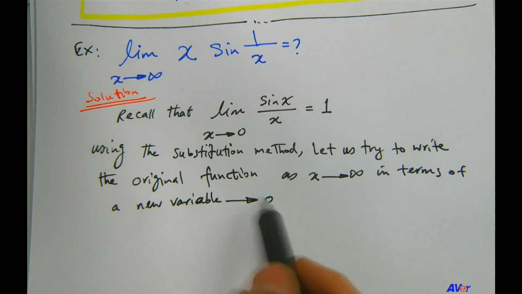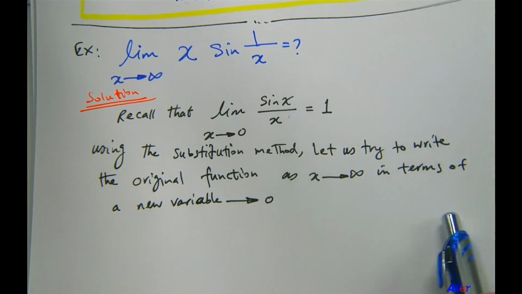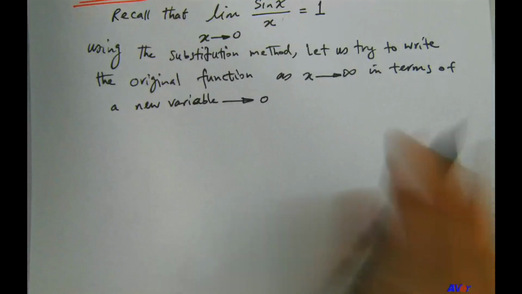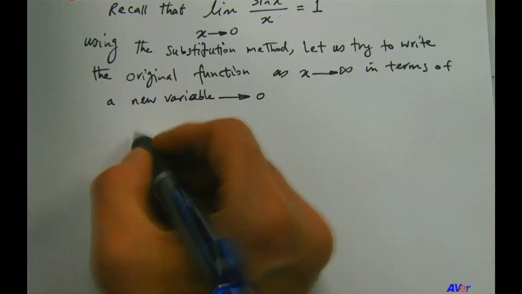Because if we could do that, then maybe we can use this to help us solve that limit question.